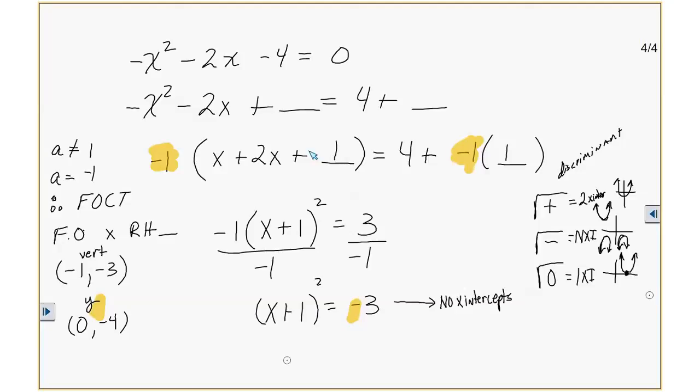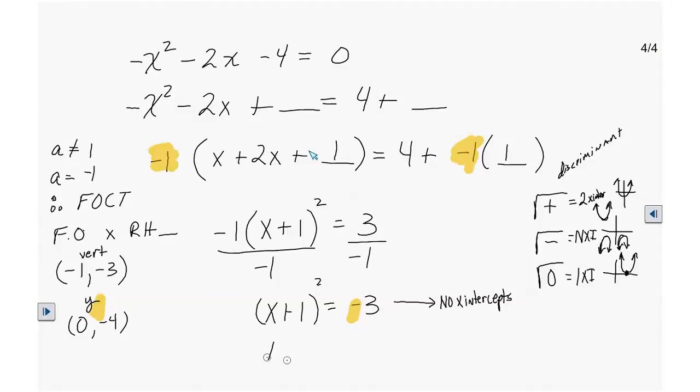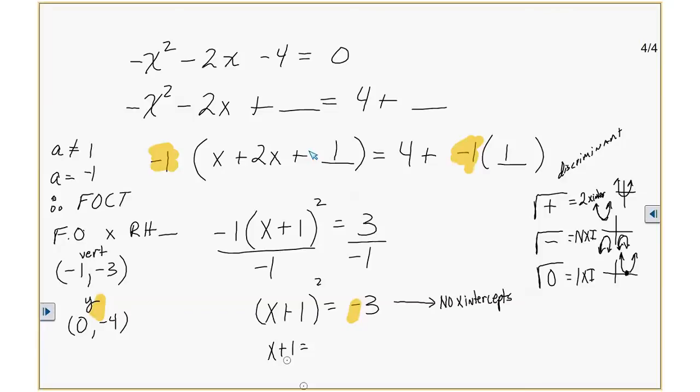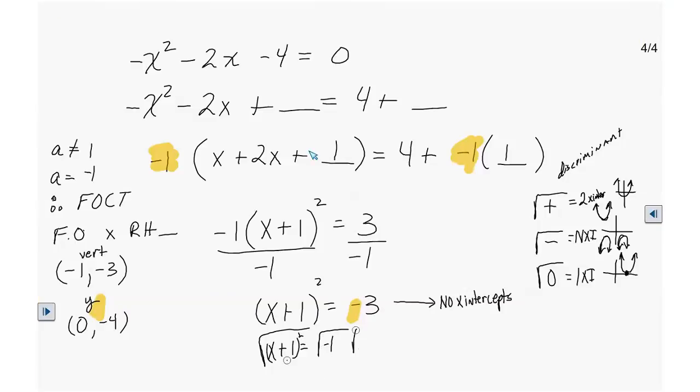Okay, so, how do you finish this? Well, this is where the radical comes in. You finish it by saying x plus 1 is equal to the square root of -1 times the square root of 3.